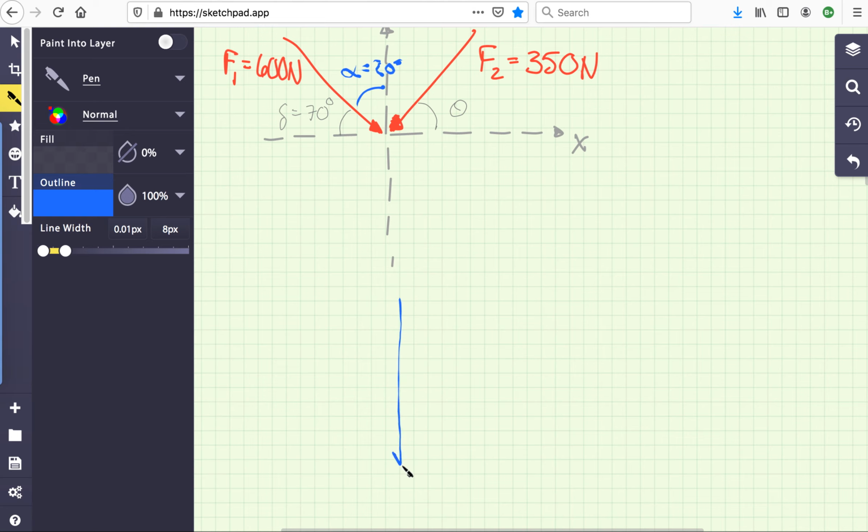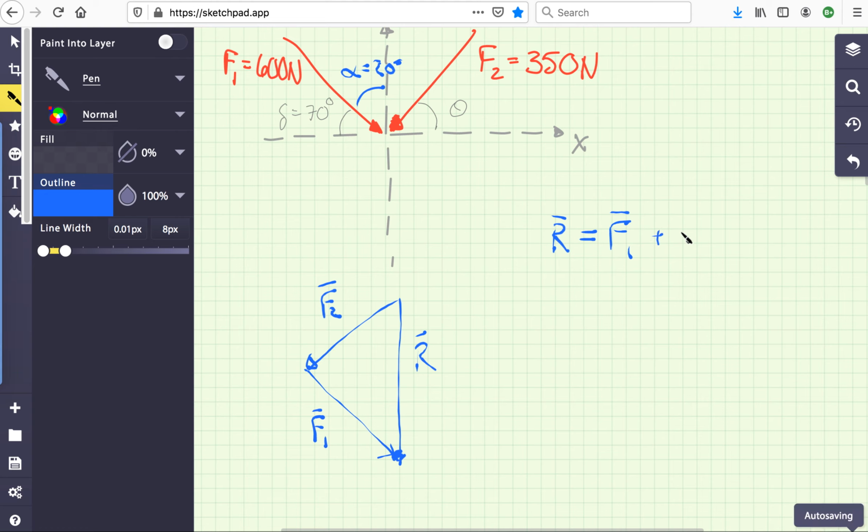I'm going to call this R. We have this force here, and that's the force F2. Remember, we're summing the vector forces of F2 and F1 to get R. So we can say that the vector force R is equal to the vector force 1 plus the vector force 2. And again, we can do this in multiple ways. This may be the easiest.